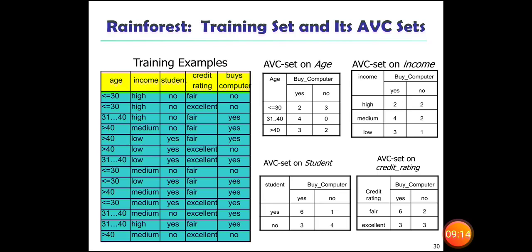The first small table is age. So the age groups are taken here: less than or equal to 30, 31 to 40, then greater than 40. Here we have two different statuses in buys computer, one is yes, another one is no. If the age group is less than or equal to 30, then the buys computer status yes is 2 and no is 3.